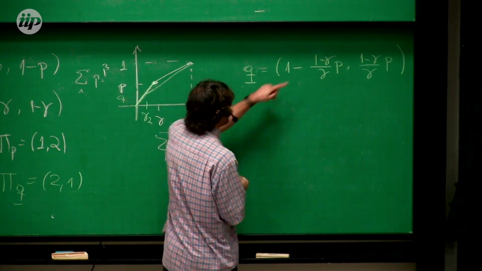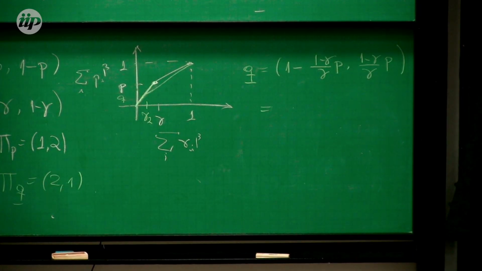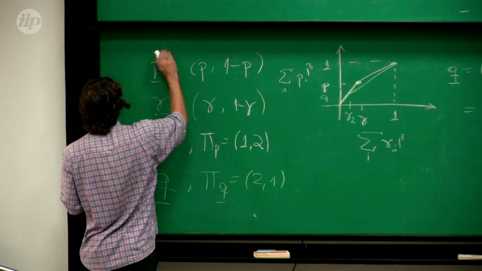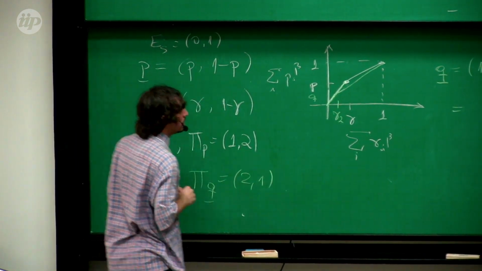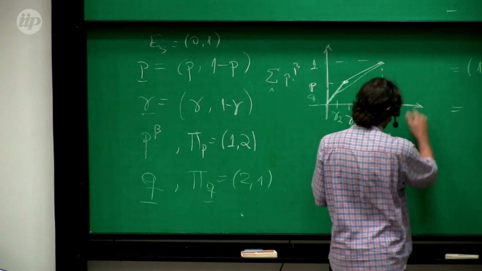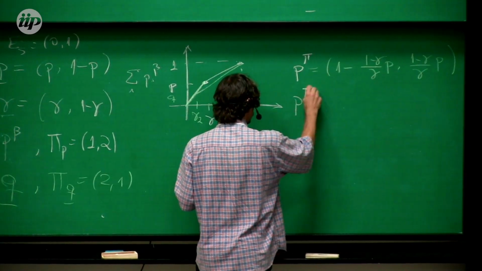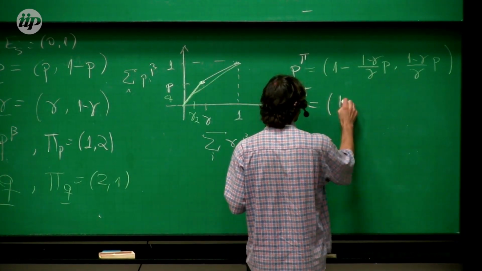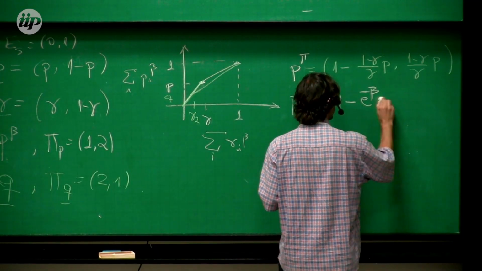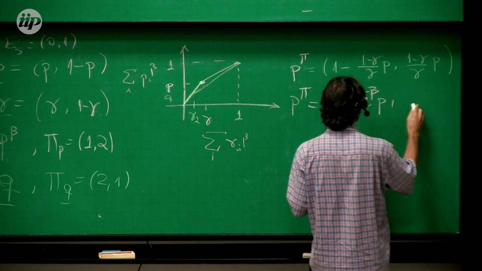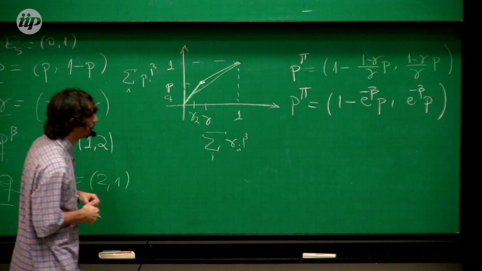And if I open up this gamma, so if I assume that this bit is described by a Hamiltonian whose spectrum is 0 and 1, then this extreme point, I'm sorry, I'll change the notation to p pi, is given by 1 minus e to the minus beta times p, and e to the minus beta times p.